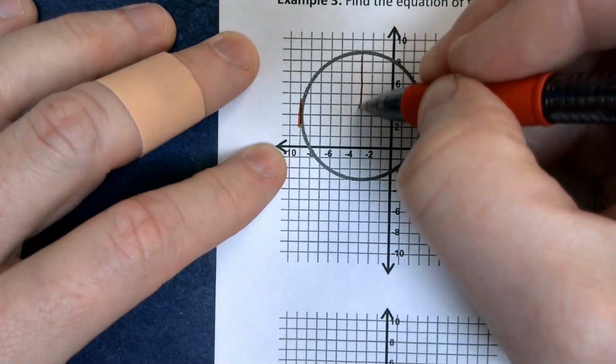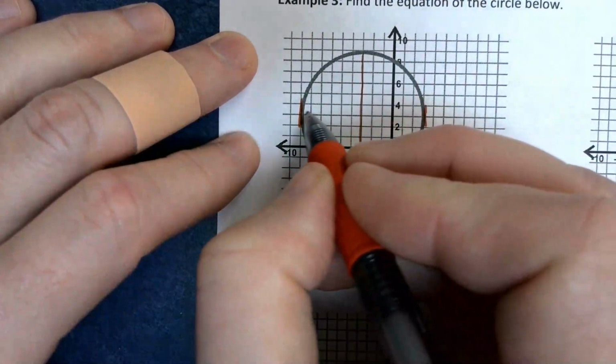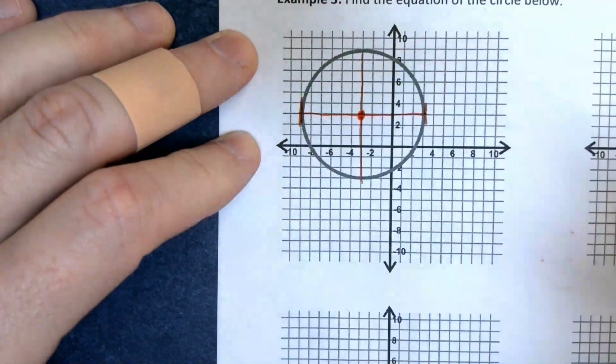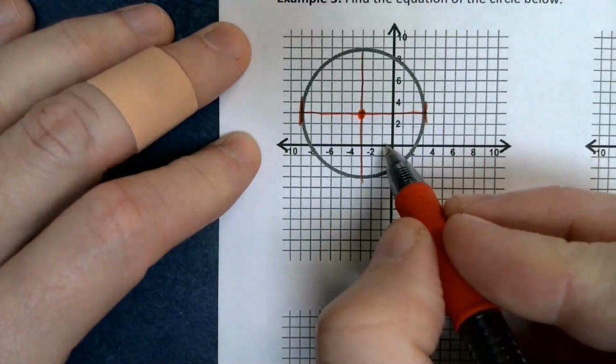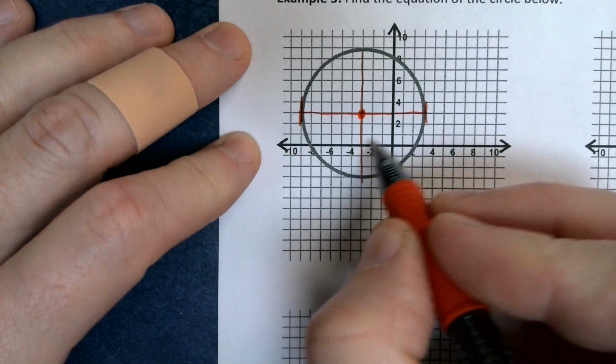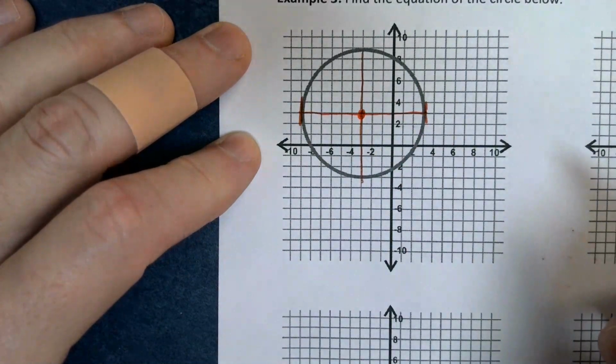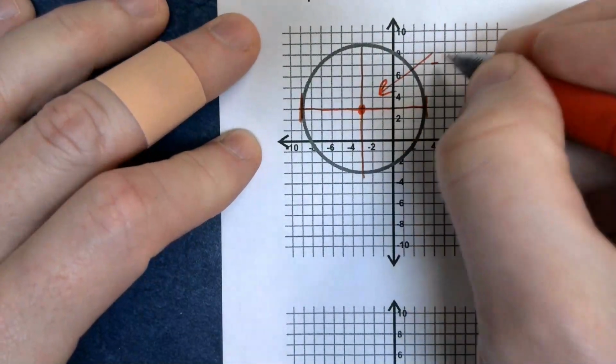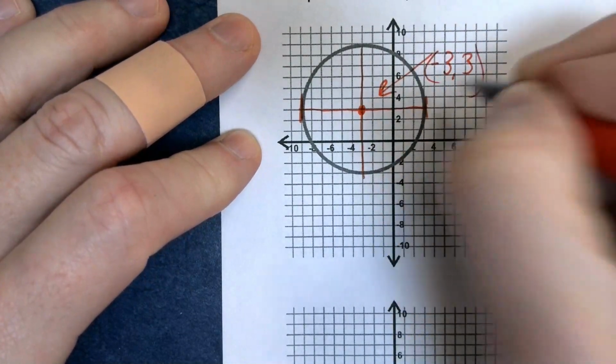And so if I draw this straight up and down and this straight across, you can see that that's my center right there. So I go over 1, 2, 3, negative 3, and up 3. So my center is at negative 3 comma 3.